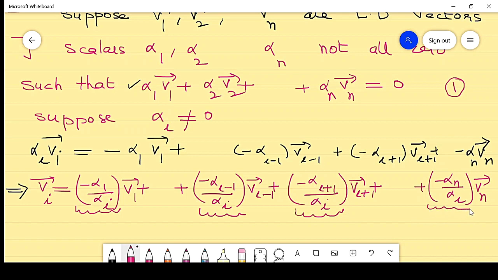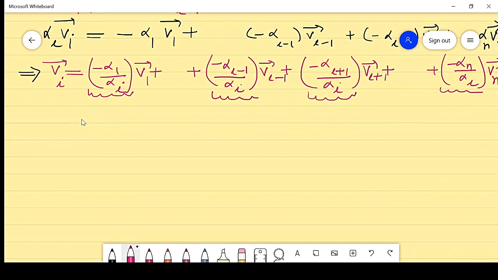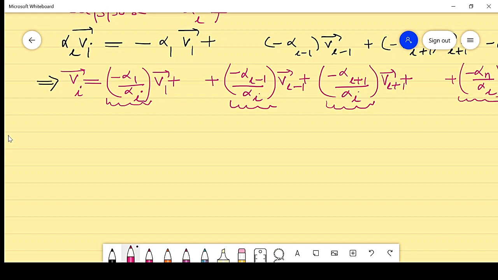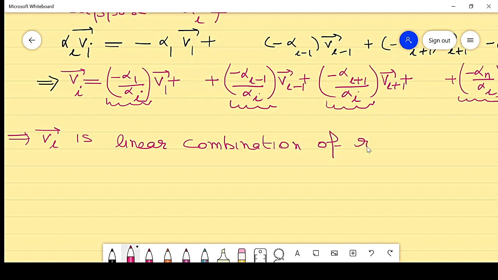So if all are scalars, then this relation shows that the vector Vi is a linear combination of the remaining vectors.